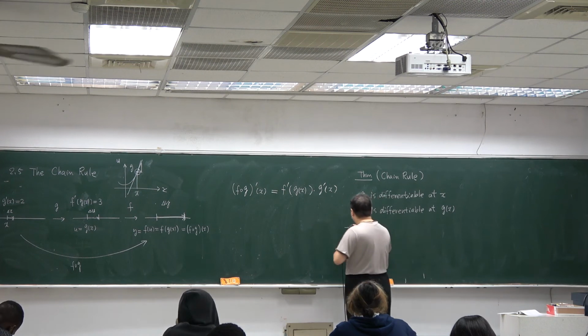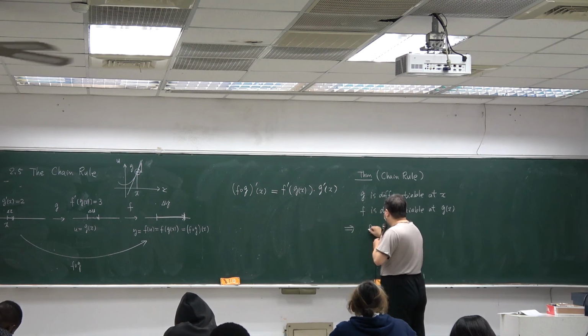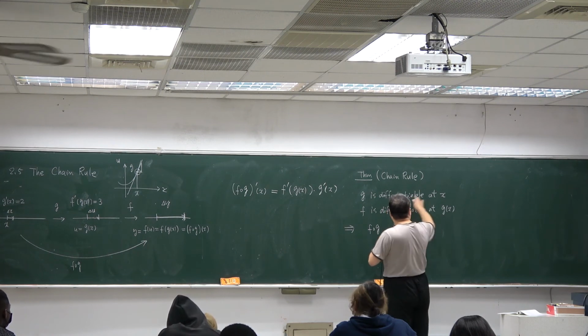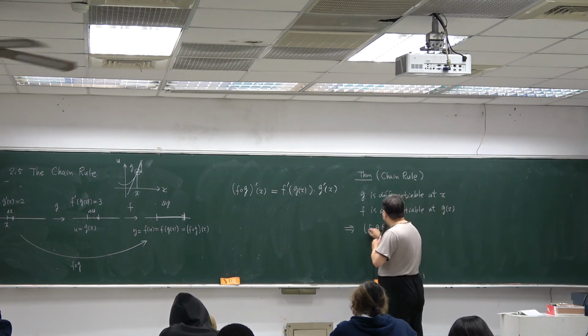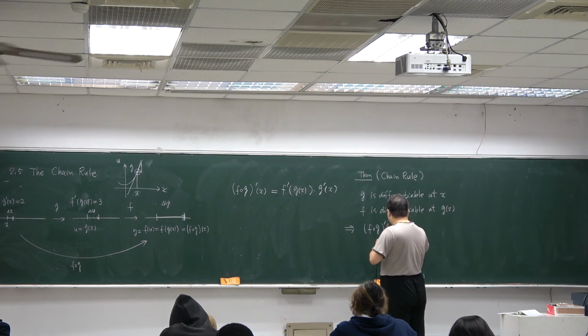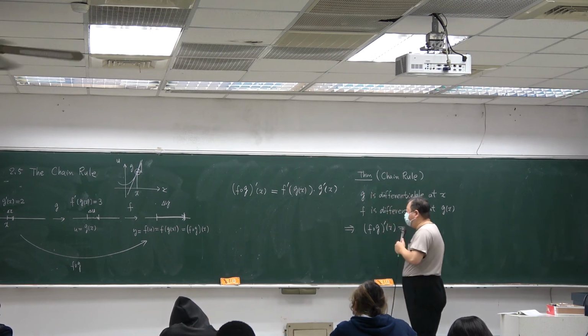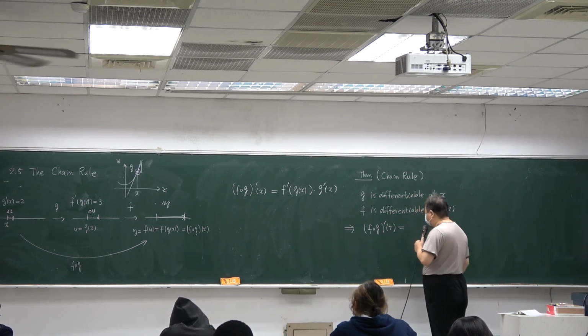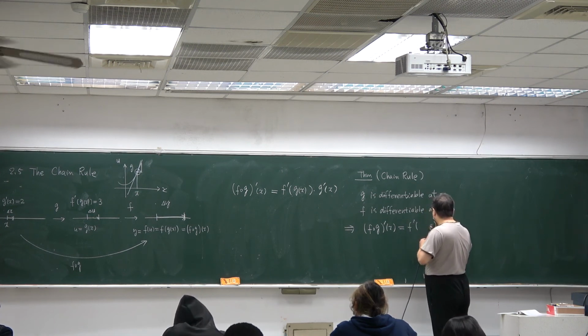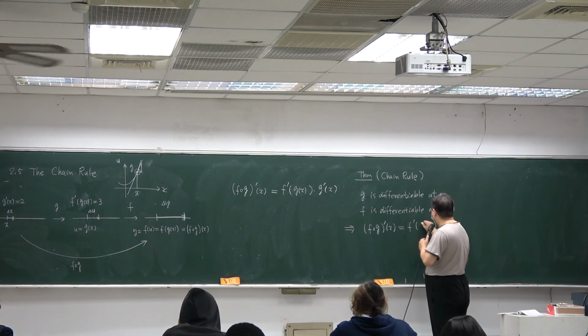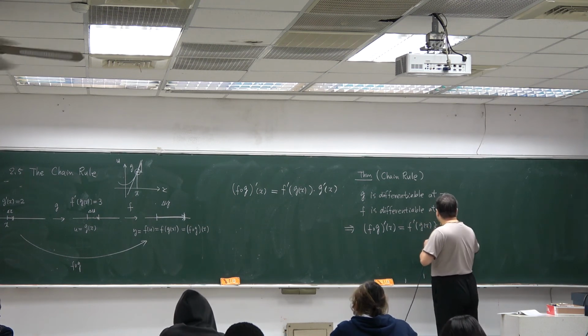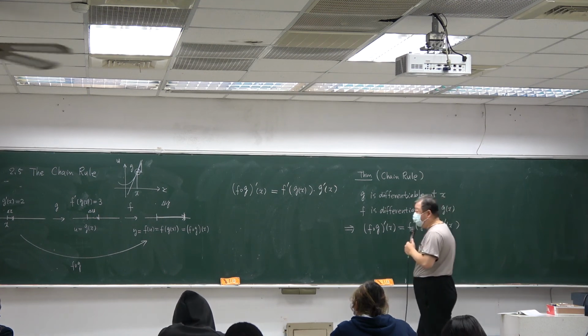Then the composite of f and g is also differentiable at x, and the derivative of the composite function is the product of these two derivatives at g of x and x respectively.